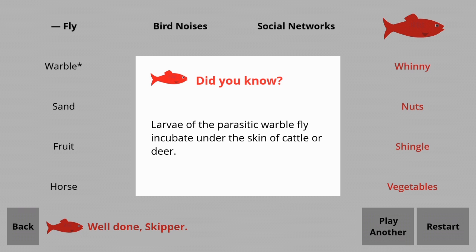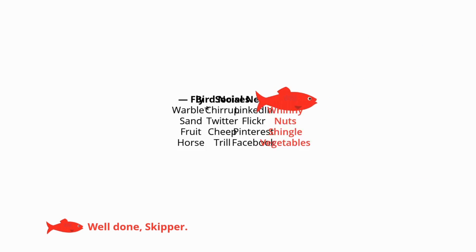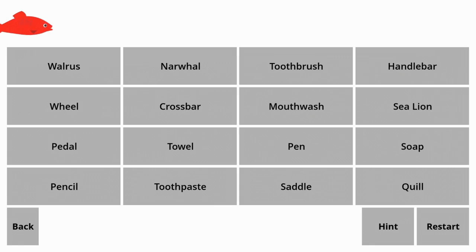So I learned to identify the larva, but for some reason I didn't realize that the grown-up version was called a warble fly. That was bad. I should have known that one. And I'm not familiar with the sandfly either. So we'll move on to the next level.